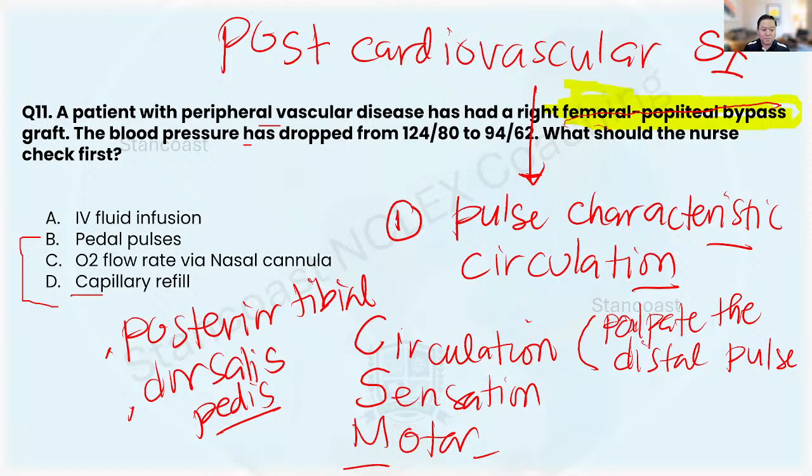And so we want to make sure that we are comparing the pulse with the non-diseased extremity, okay? So for example, is this a right femoral popliteal bypass? As soon as you have completed the pulse check on the right lower extremity, or distal pulse, we're going to have to compare it with the pulsation in the opposite extremity, in order for us to give an idea that, hey, the patient just had a surgery. Okay, so this is expected.